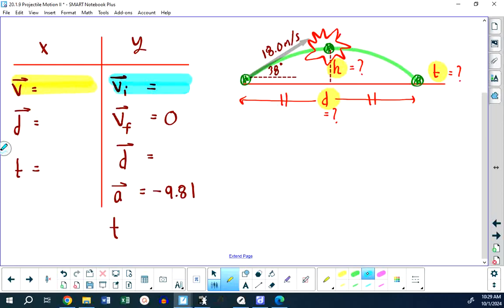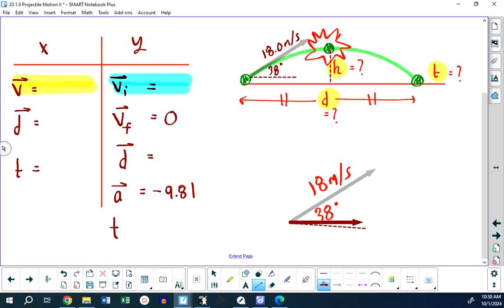That 18 is those two vectors added together. So you need to draw, well, you don't need to, but I'm going to draw that vector off on the side, because we need to find the horizontal component of that vector and the vertical component of that vector.